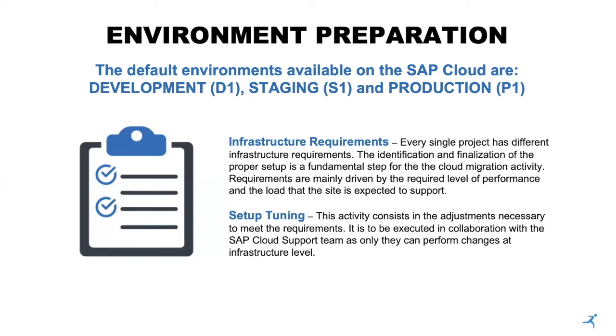When it comes to the environment preparation, the starting point is for sure the infrastructure requirements. According to project needs, there will be different requirements to be met, and usually those are driven by the expected level of performance. So given the environments and identified requirements, the tuning activity is to be done in collaboration with the cloud support team in order to achieve the optimal setup.